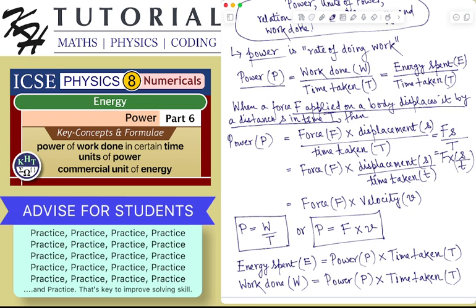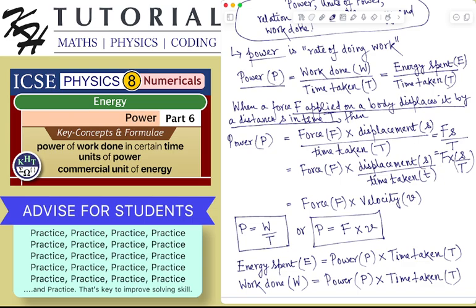When the force capital F was applied on a body, the body was displaced by the distance small s in time capital T. So the body traveled a distance of small s in time capital T, and we know that the displacement is in the direction of the force. We know that velocity is displacement divided by time. So displacement divided by time you can consider to be the velocity of the body.